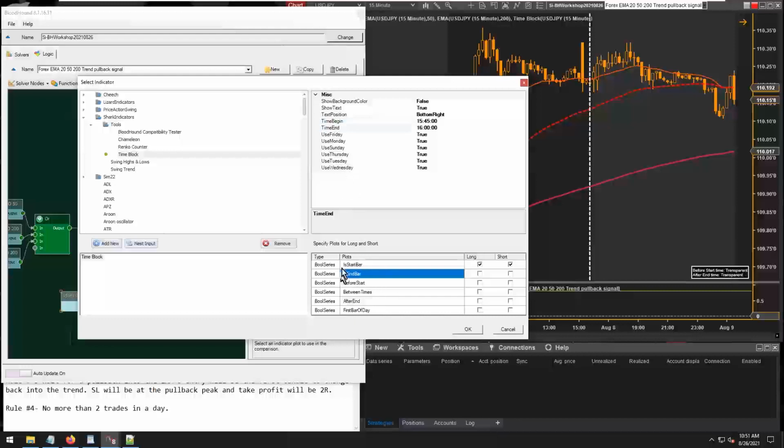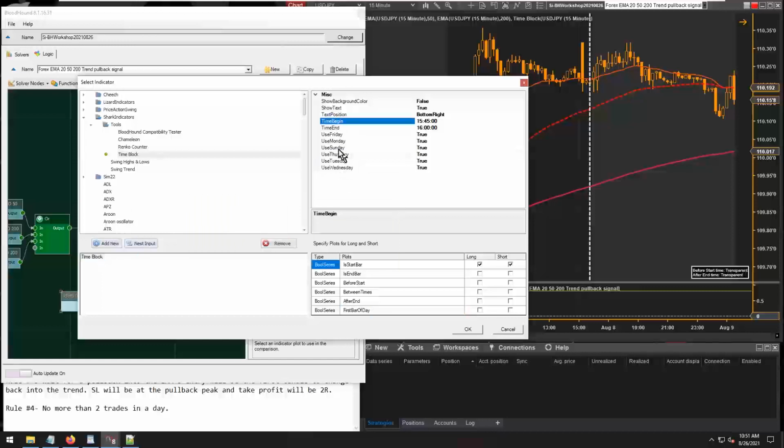So if you want to find out more about what these various outputs are, and how they correlate with the begin time and end time, and of course, what days of the week we're using, you can go to the documentation page here for the time block. So I'll bring that up in just a moment here.